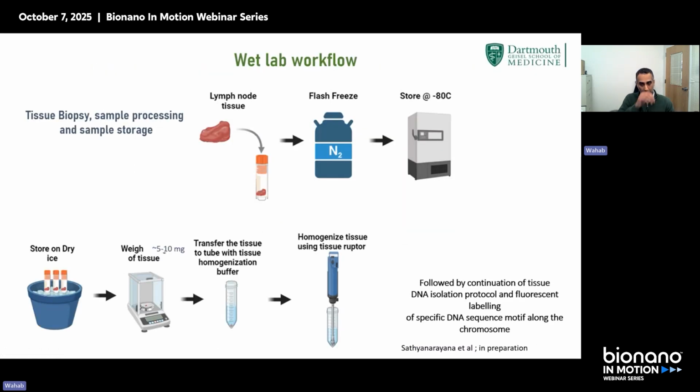The wet lab workflow here was a little bit different, in that the tissue biopsy, once received in our gross lab, would be subjected to a flash freeze, stored at -80, and then we would collect it from there and process it.